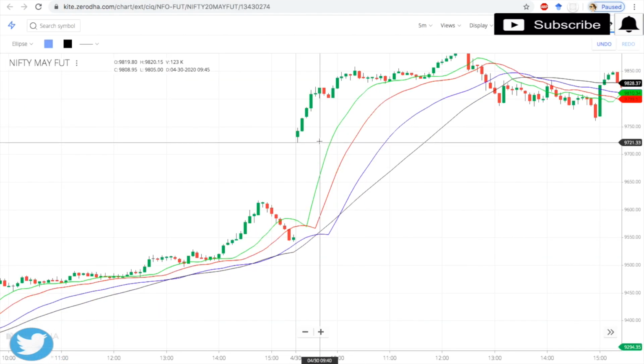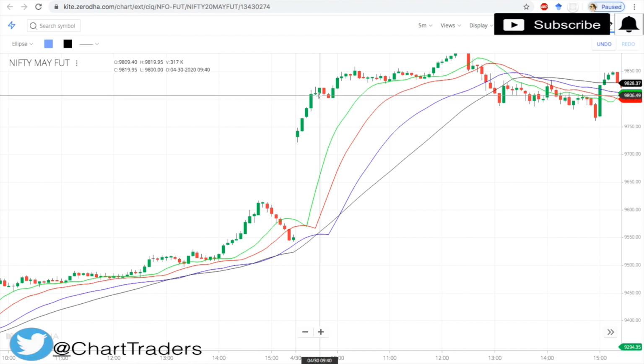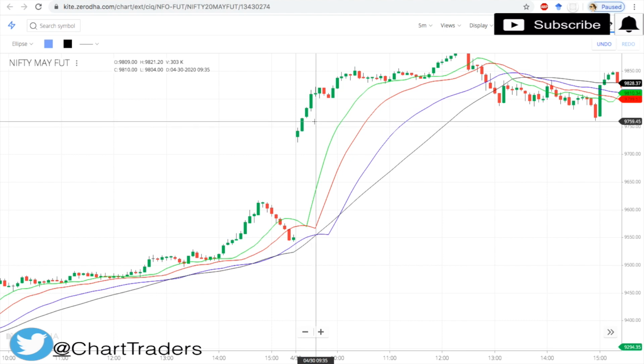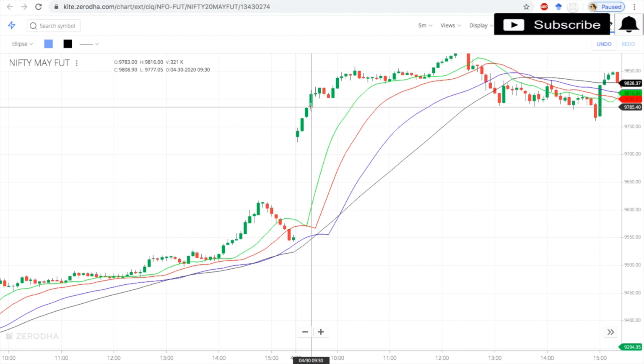So 9809 here. At this point, because once it has crossed, in the next candle we can identify that the cross happened. And now you can think about your stop loss, where to put the stop loss.